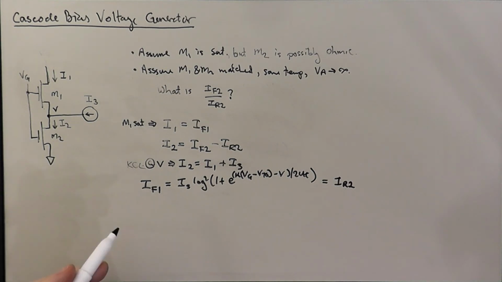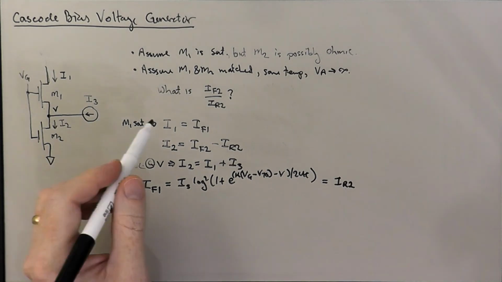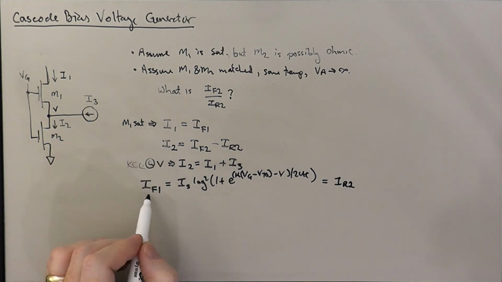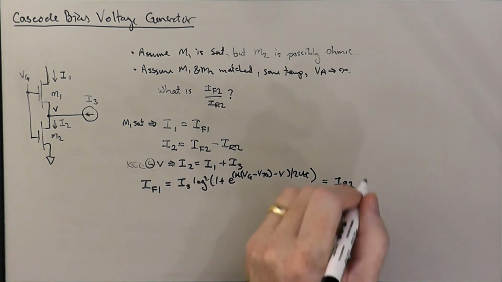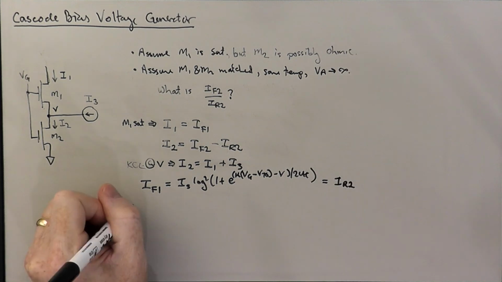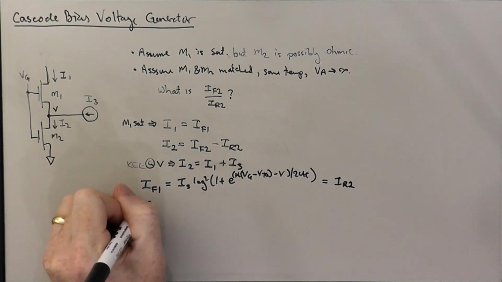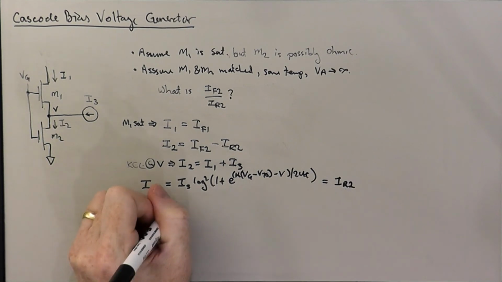So we have here from this equation that this is equal to I1. Right, so IF1 is equal to I1 is equal to IR2. So that implies that IR2 is equal to I1.